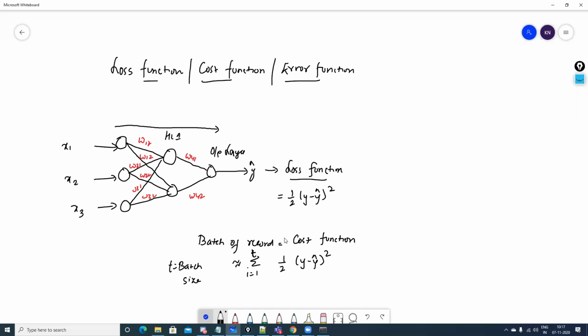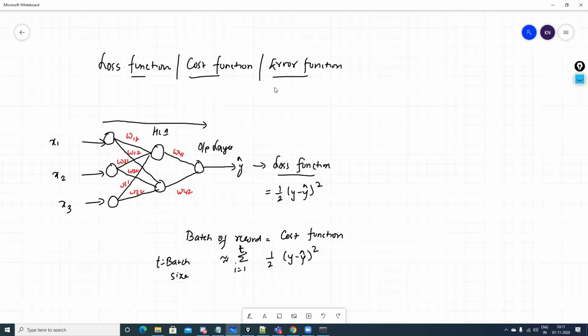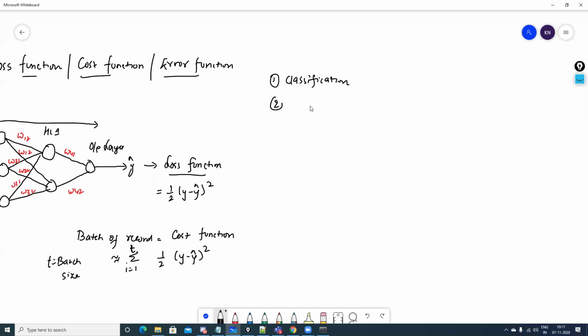Now, as I said, in our problem statements we usually have classification, and the second type is called a regression problem statement. We have both kinds of problem statements.